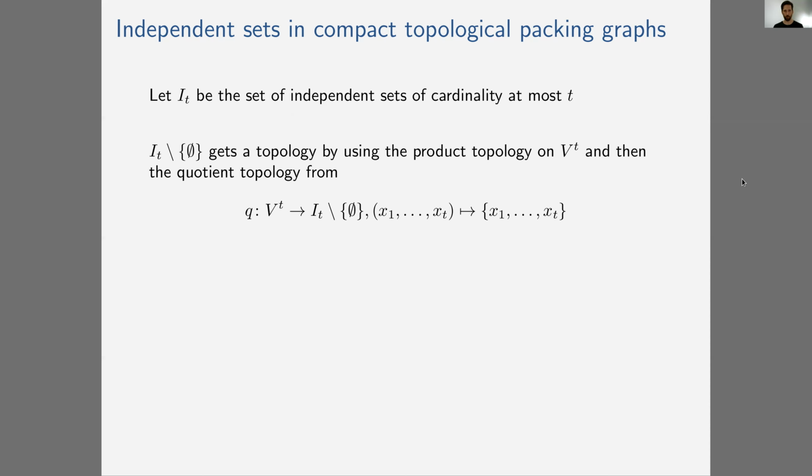If we remove the empty set from this set of all independent subsets up to cardinality t, then we can get a topology by first considering the product topology of V to the t, then using a quotient map to forget the order of the elements, and using the quotient topology. Then you just add the empty set back as an isolated point.